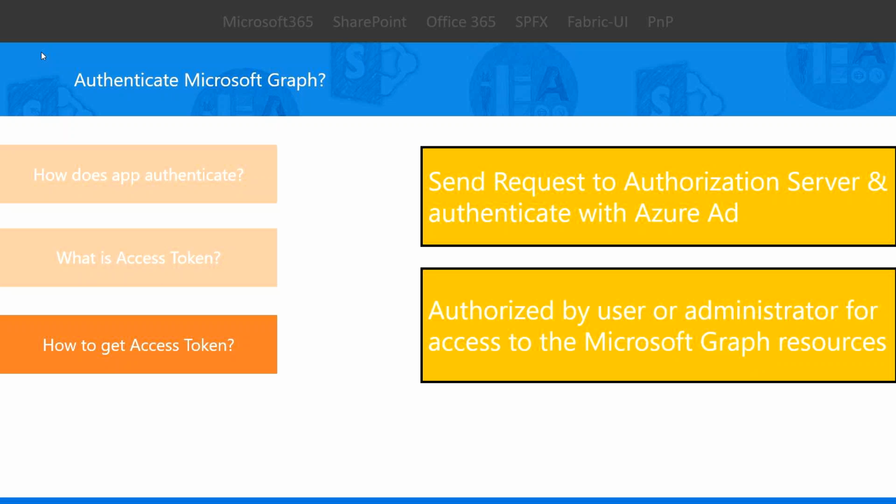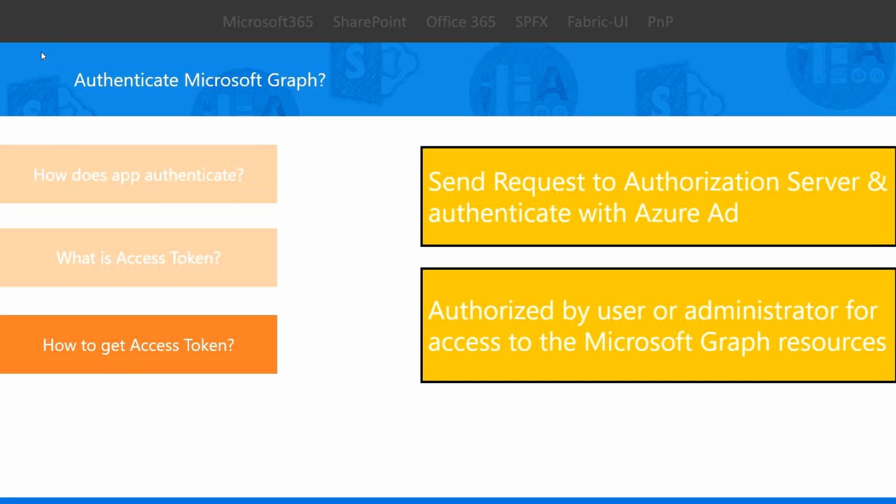Once validated, first it will validate with the authorization server, and in the request itself we have to send the permissions also. So it also validates the user and the permissions with the authorization server and sends us the access token. By using this access token only, we are able to get the information from the Microsoft Cloud services.